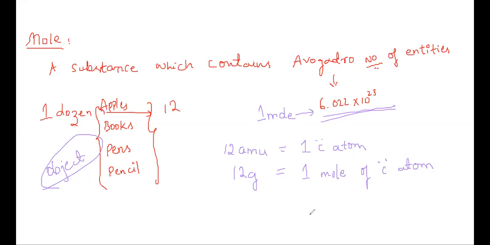So 1 mole is how much? 6.022 into 10 raised to 23 carbon atoms. If you ask what the weight of 6.022 into 10 to the 23 carbon atoms is, it will be 12 gram.